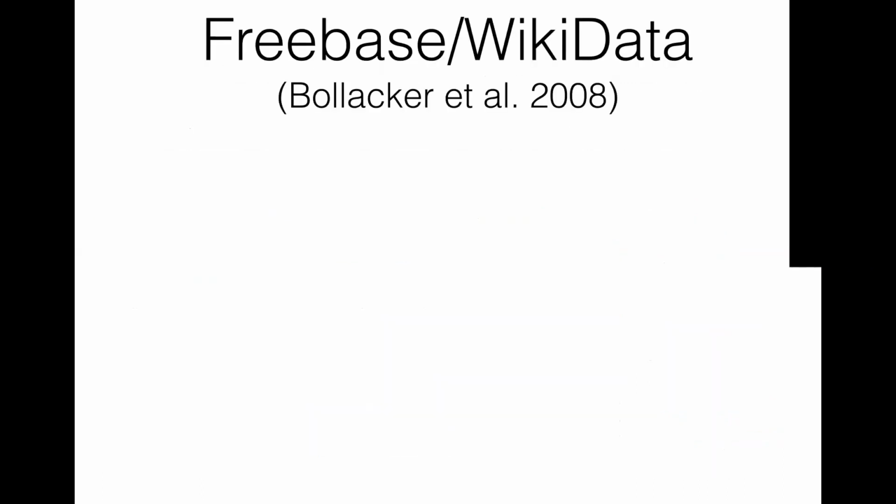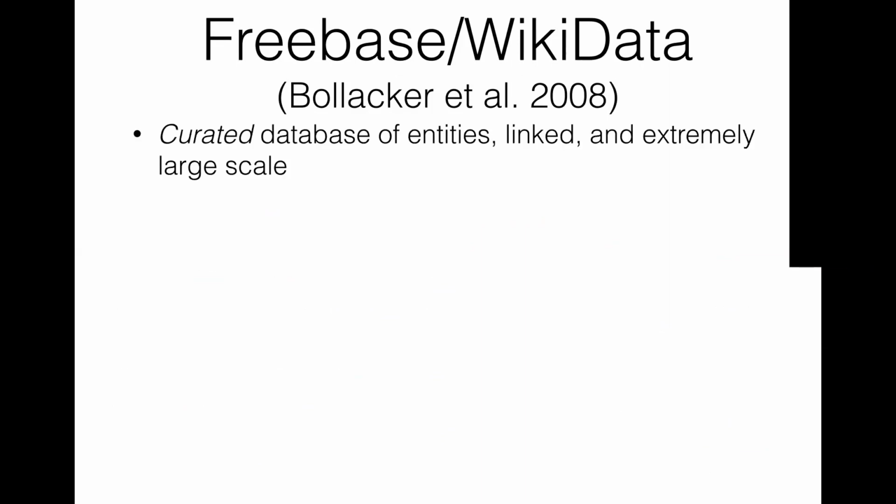Another even larger scale database you can find from the Wikimedia project is Wikidata, previously called Freebase. So some people might be familiar with the name Freebase. They are basically a curated database of entities. And unlike DBpedia, Wikidata's goal is to actually populate the data version of Wikipedia.